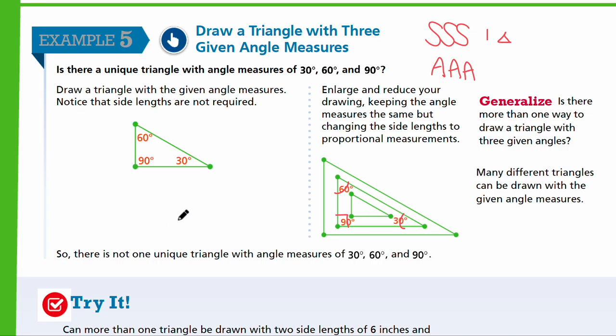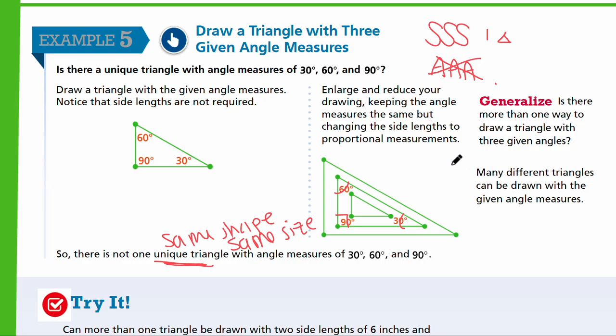When we say there's a unique triangle, is it going to be the same shape and same size? For the same angles, yes, they will have the same shape, but they will not have the same size. So there is no unique triangle. So many different triangles.